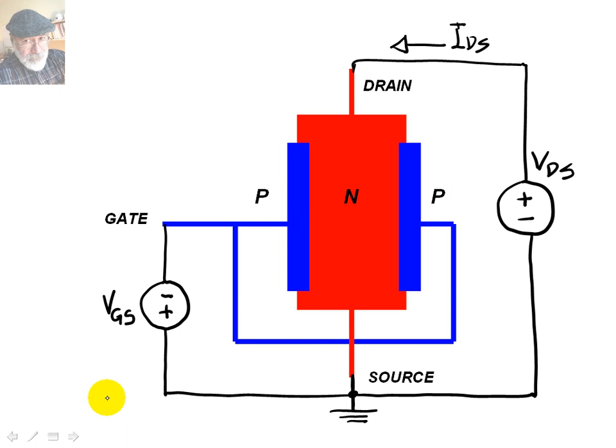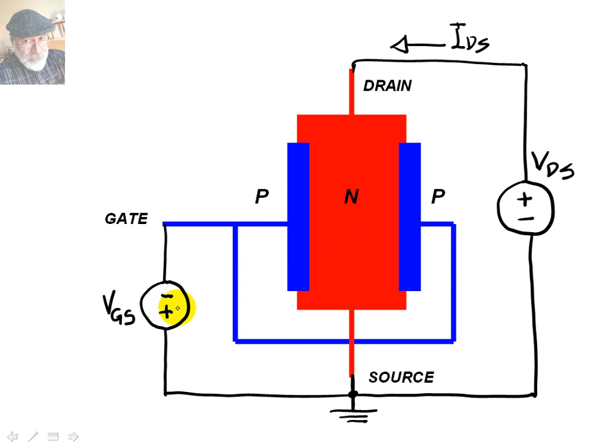Now, what happens if we apply also a voltage between the gate and the source? What we're doing with this upside down voltage source actually is ensuring that the PN junction between this side and the channel is reversed biased.